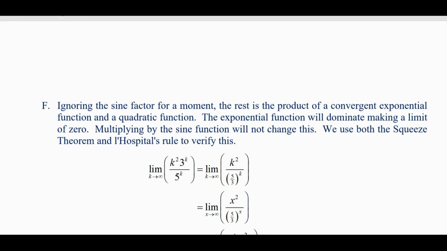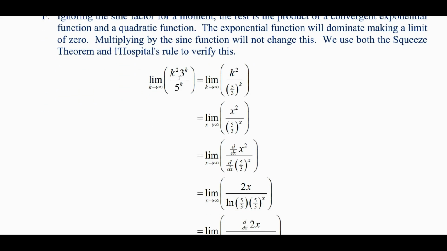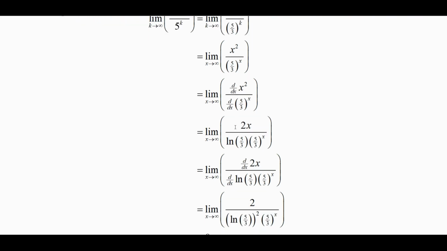Working the details out involves a few things. First of all, rewrite this as k squared over 5/3 to the k, leaving out the sine term. Switch to x's. These are continuous, in fact differentiable, functions in the top and bottom. So we can take the derivative of the top and bottom using L'Hopital's rule.